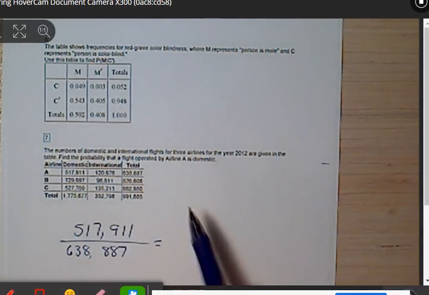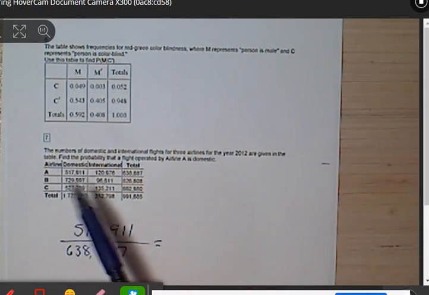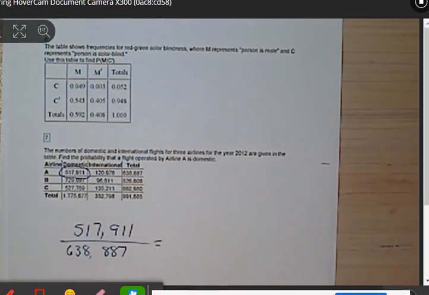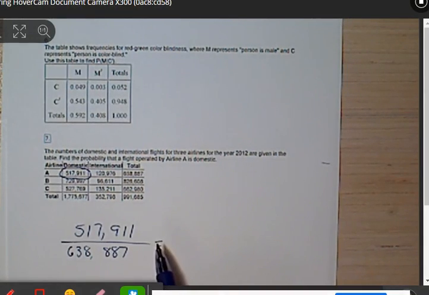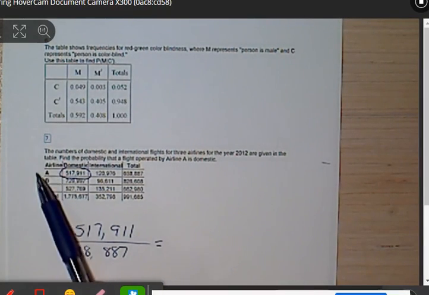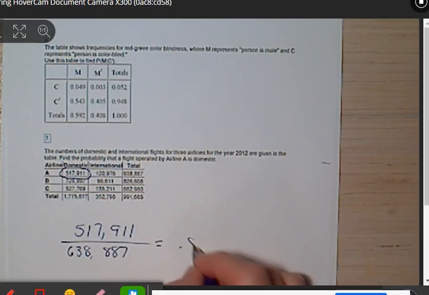So again, you've got the intersection of those two events, airline A and domestic, to get us the number here. Then we look at the total of airline A. Divide those two. This one we're going to go to 4 decimal places. If you divide those two numbers, that should come out to be 0.8106.